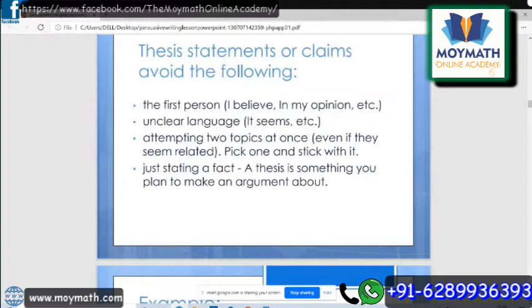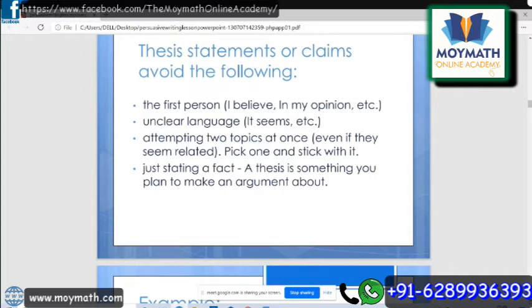Thesis statements or claims involve the following. The first: when it is an argument or when you are trying to convince others, don't say I believe or in my opinion. This we say only if it is opinion writing. Like, do you think that this is... it is an opinion writing question. In that case, you can go for I think, I believe. But in an argument, in a debate, there, I is not an important factor.